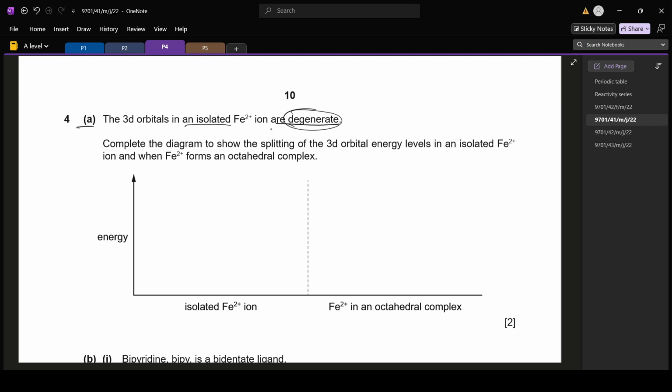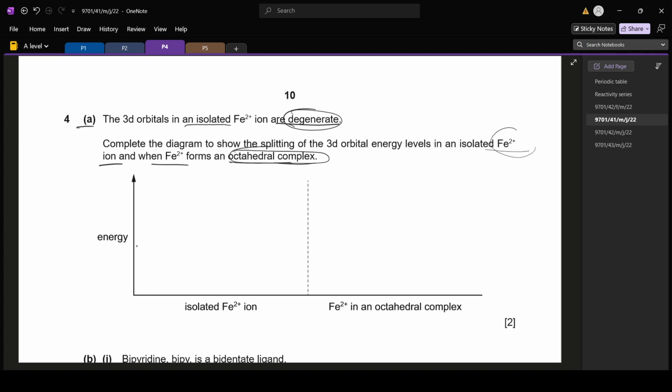Complete the diagram to show the splitting of 3d orbital energy levels in an isolated iron 2+ ion, and when iron 2+ ion forms an octahedral complex. So in an octahedral complex there is d-splitting, and in octahedral the splitting is different from the splitting in a tetrahedral complex. I will show you.